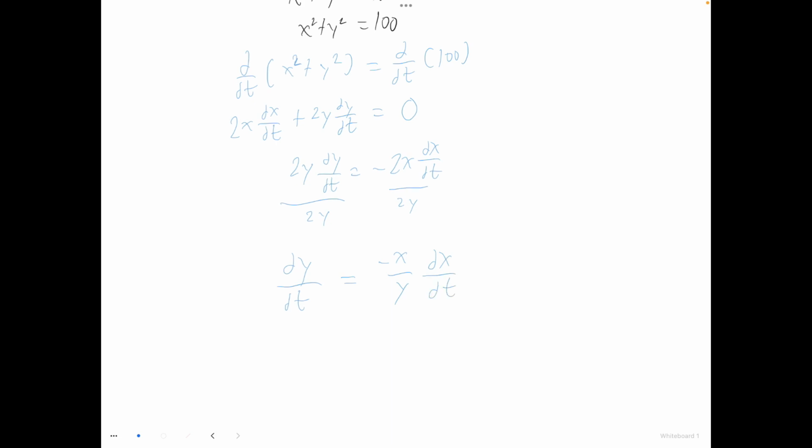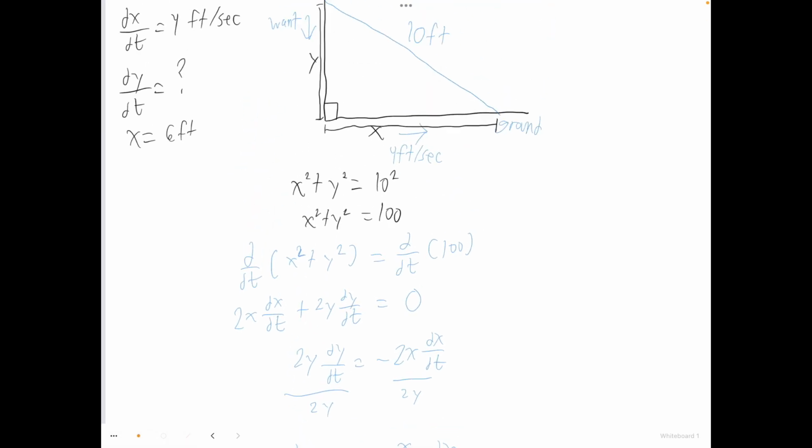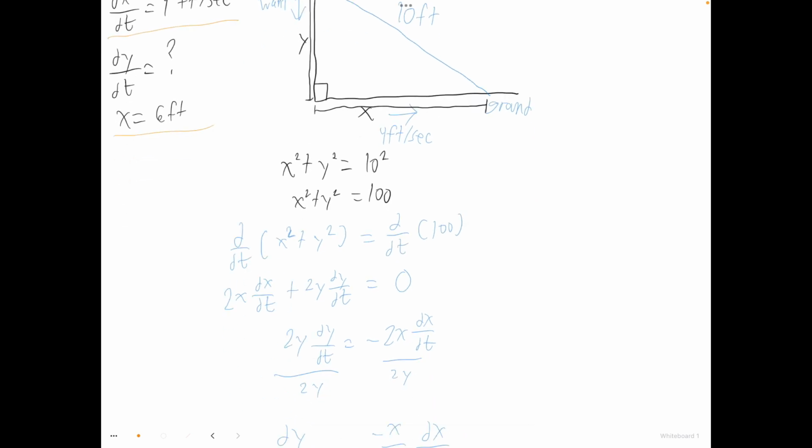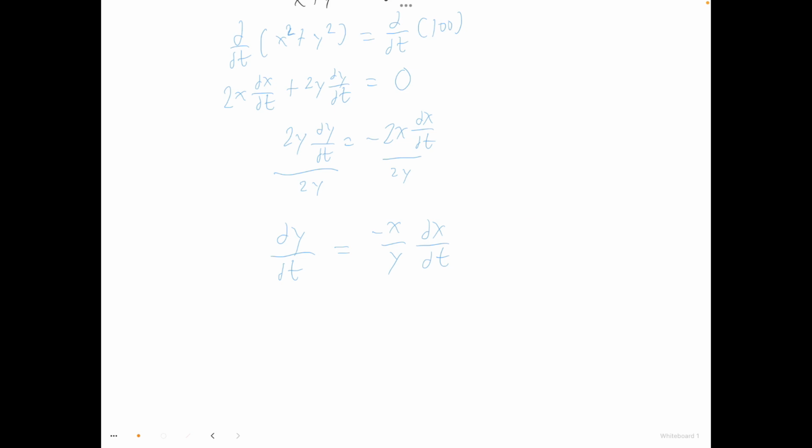And so this then is a relationship between dy over dt and dx over dt. Now we have information that we want to plug in to figure out this rate. So remember, we know dx over dt is 4, and we care about this when x is 6.